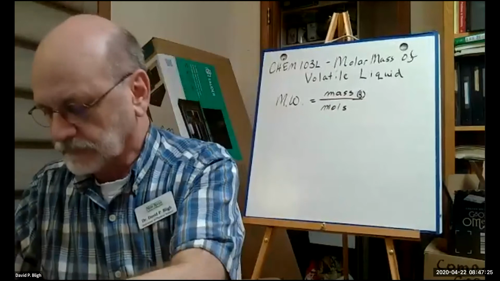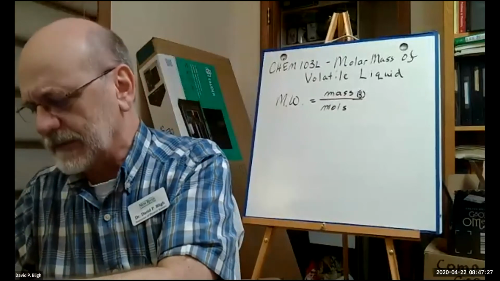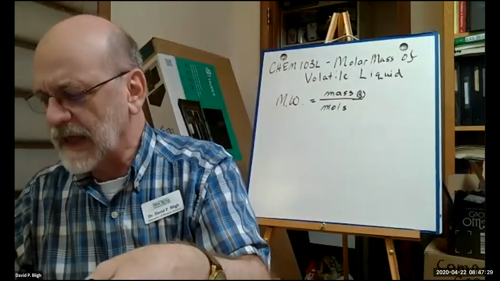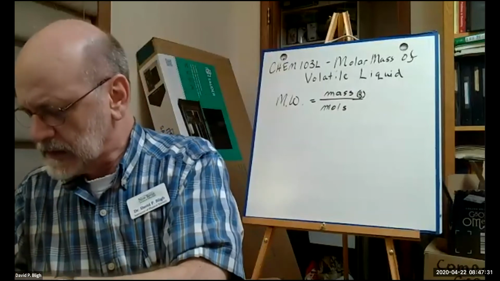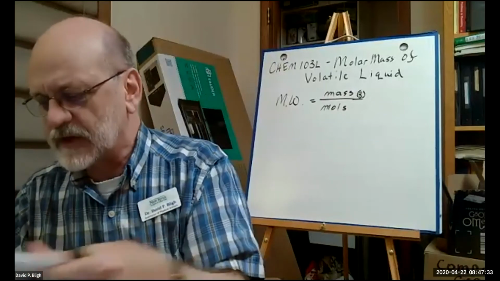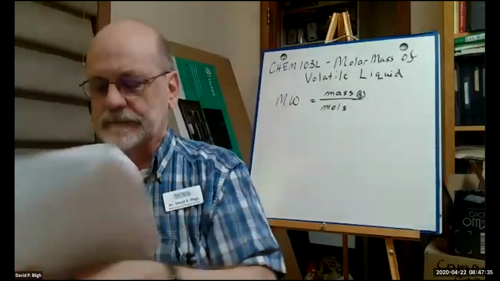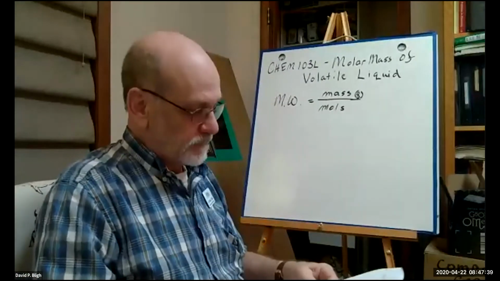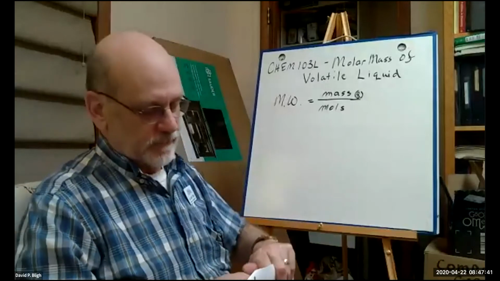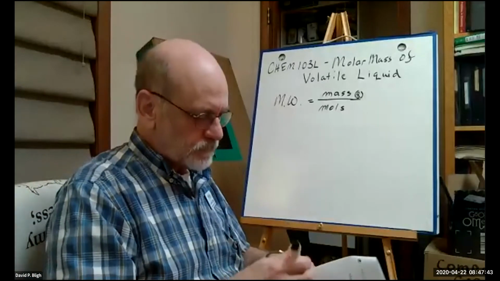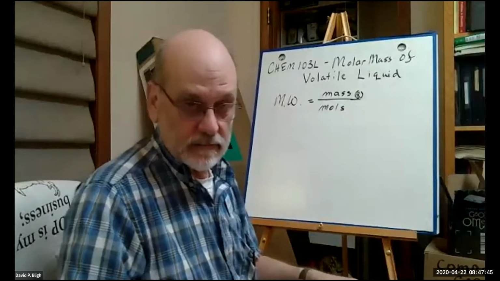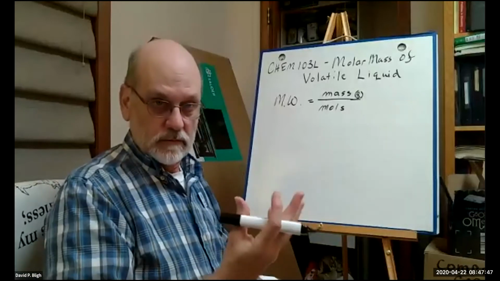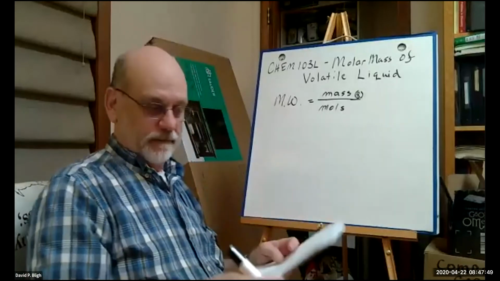But before I do that, what I would like to do is describe the experiment. Right? So if you were doing this hands-on, you would need several things. You would need a container to hold the gas. Right?